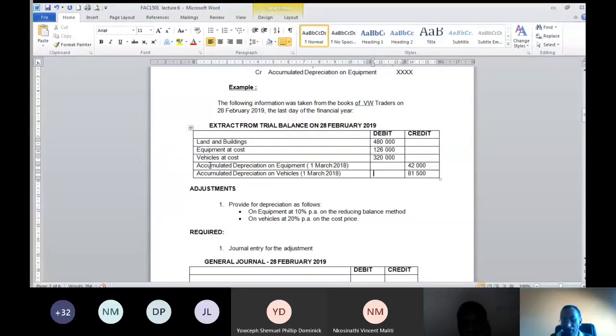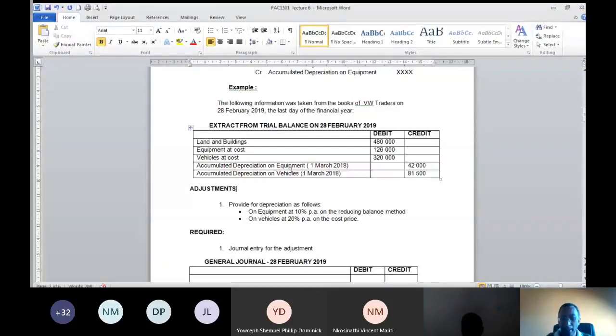Then we have got two accounts here: accumulated depreciation on equipment, 42,000 Rand, and accumulated depreciation on vehicles, 81,500. Accumulated depreciation is the sum of all the depreciations.